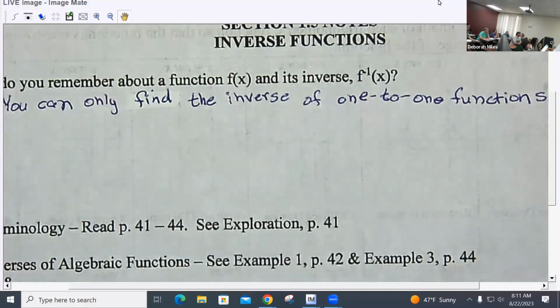And the reason we can't find the inverse function of a function that's not one-to-one is, remember what an inverse function does. A function is like a machine. You put a number in, the machine does whatever it's supposed to do and spits out an answer. So for a squaring machine, you put in a 2, it spits out a 4. The inverse machine is supposed to take that 4 and tell you what number you originally put into the squaring machine.